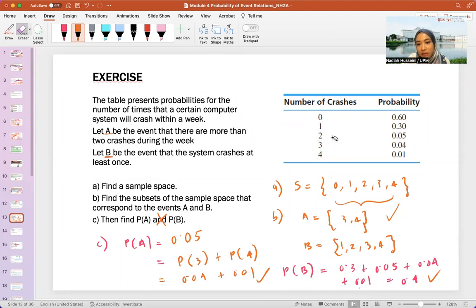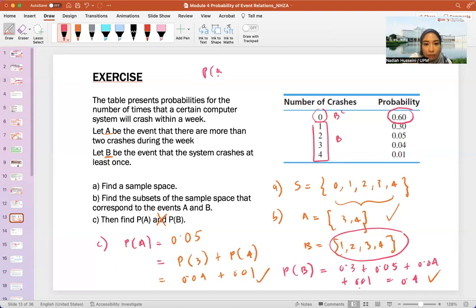Because it is much easier to find the complement of B, because B is actually 4 outcomes of the total sample space, right? This is all B. So if they wanted to use B complement, it is just this one over here, which is 0.6. Therefore, the probability of B can also be calculated as 1 minus the probability of B complement. That's another approach, which is faster and more effective. So you have 2 ways to do this question. Thank you, Doctor. Okay, welcome.